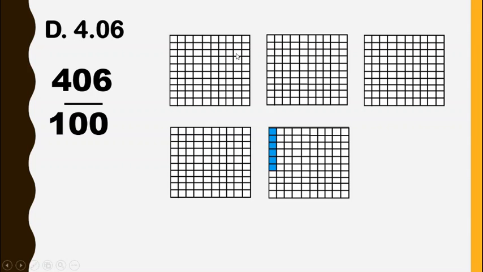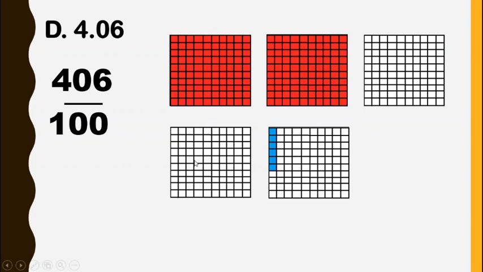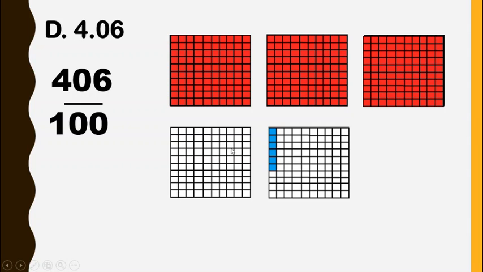So we'll shade 4 whole hundreds grids to represent 400, and the remaining is 6: 1, 2, 3, 4, 5, 6. So we got 406 shaded in the hundreds grid.